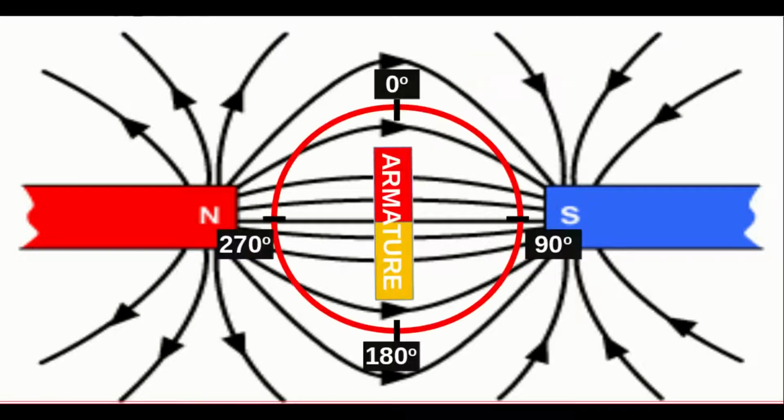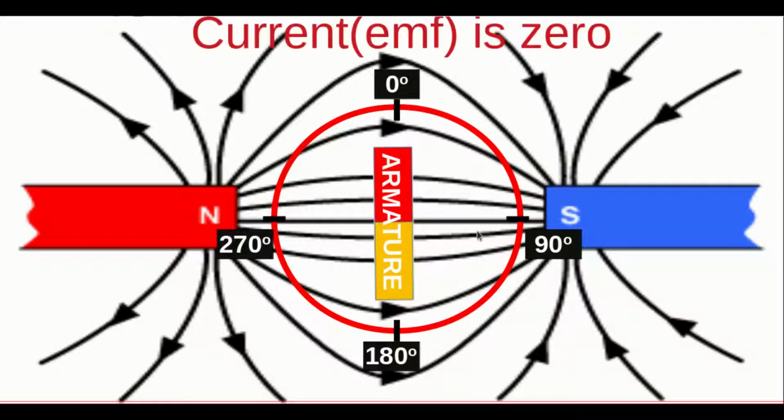Now this is the armature. The red colored part of the armature now points towards 0 degree. Now the armature is at the low magnetic density area, so current developed is 0 because the two ends of the armature are at the low flux density area.